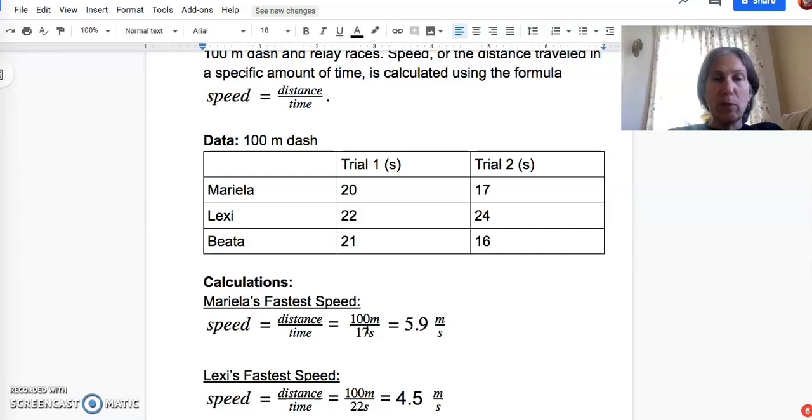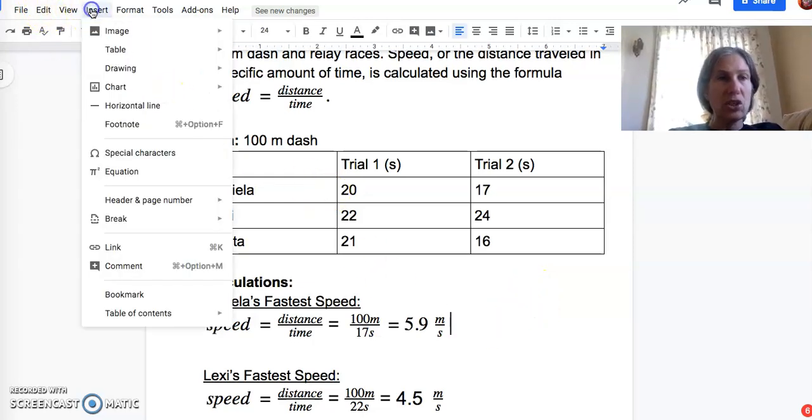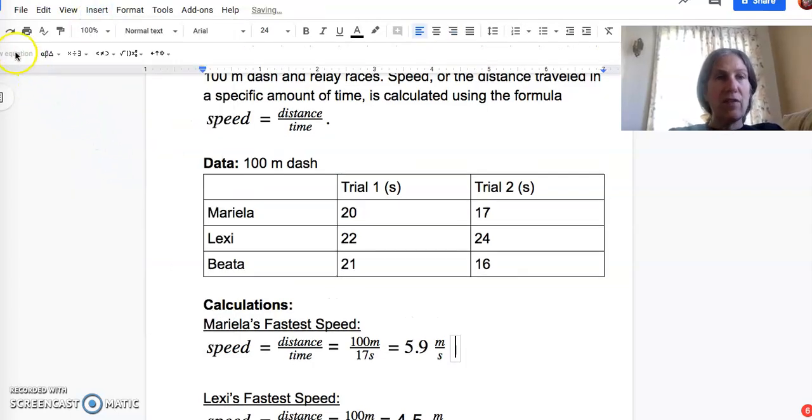For those of you that are unfamiliar with using equation editors, let's say I was going here, I would go up to Insert, Equation Editor, and then I've got this section up here.